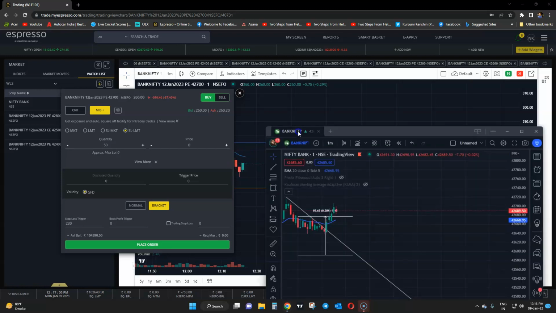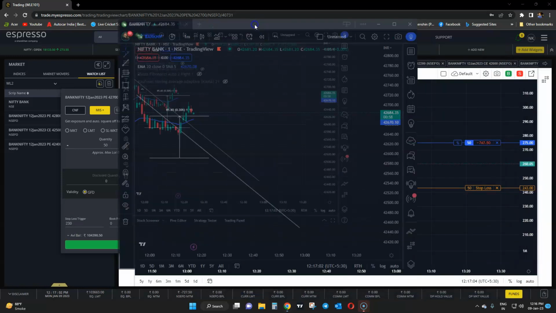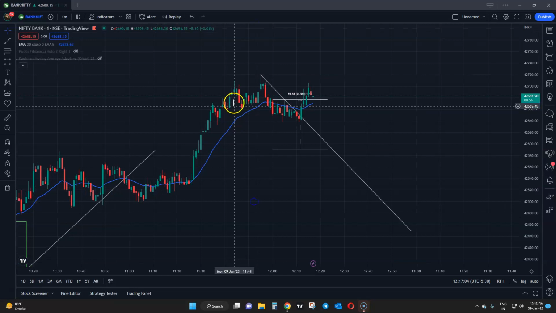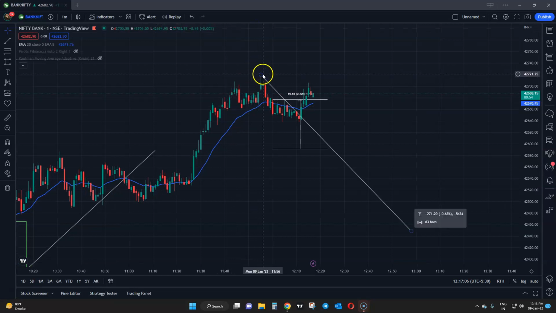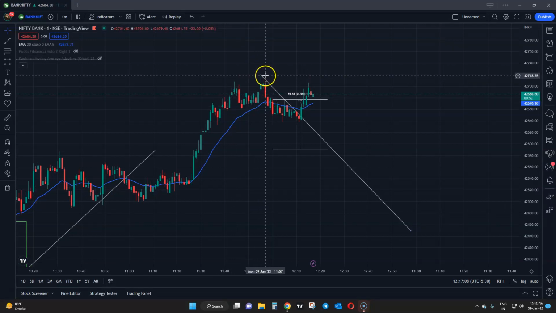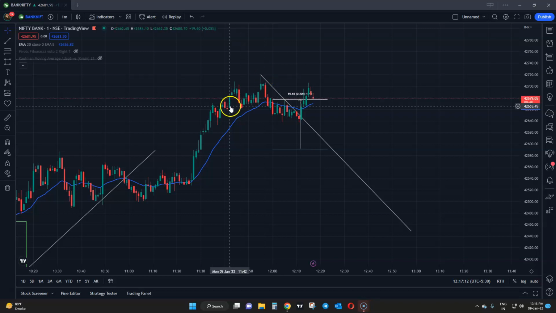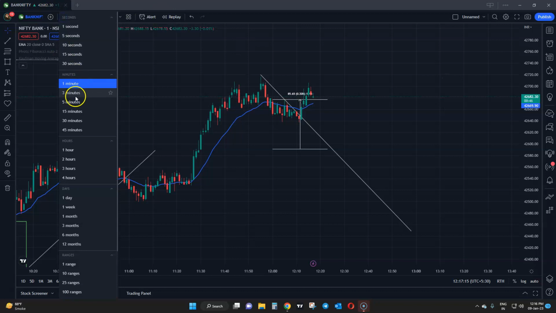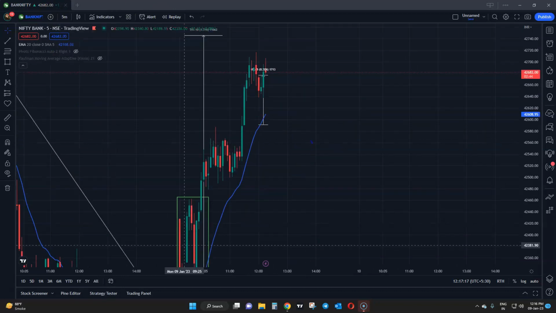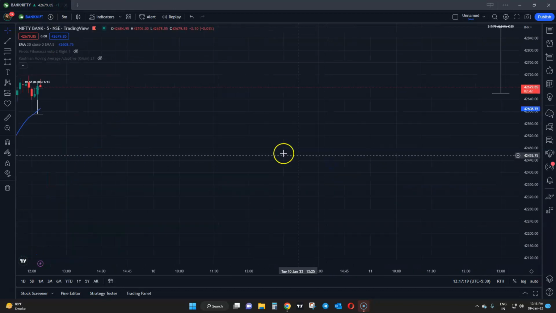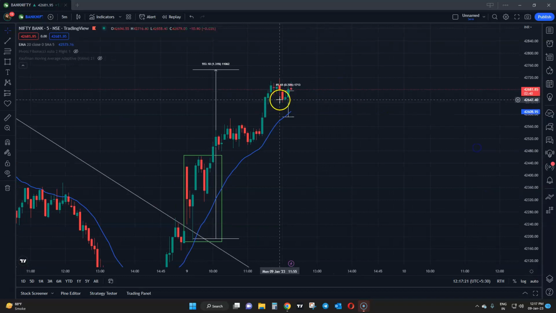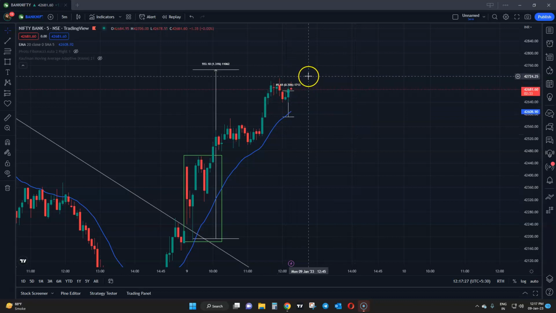Let me show you. This is how the chart looks now. Here the up leg was supposed to be over, and then I took a short position somewhere here based on the 5-minute charts. The stop was here somewhere, and now it's gone back up.